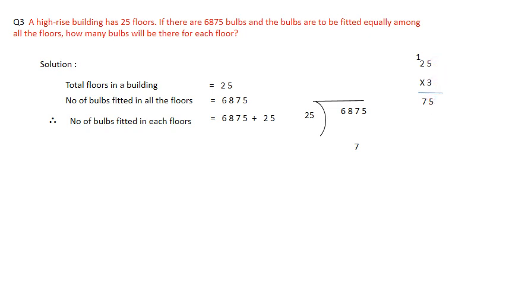Now this 75 you cannot take here because 75 is a bigger number. We cannot subtract small minus big. So we will try 2s. When we multiply 25 by 2, we are getting 50. So 50 is a smaller number that can be subtracted. So we'll multiply by 2, 50. Now we'll subtract this. 8 minus 0 you will get 8, and 6 minus 5 will get 1. So your answer is 18 here.